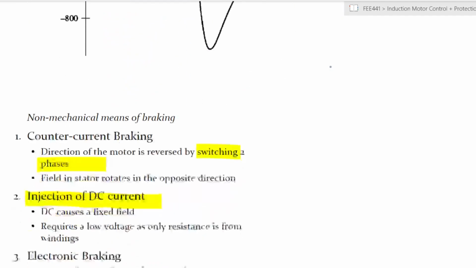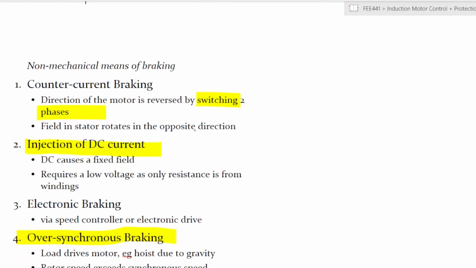The rotating magnetic field rotates at 0 RPM, right?